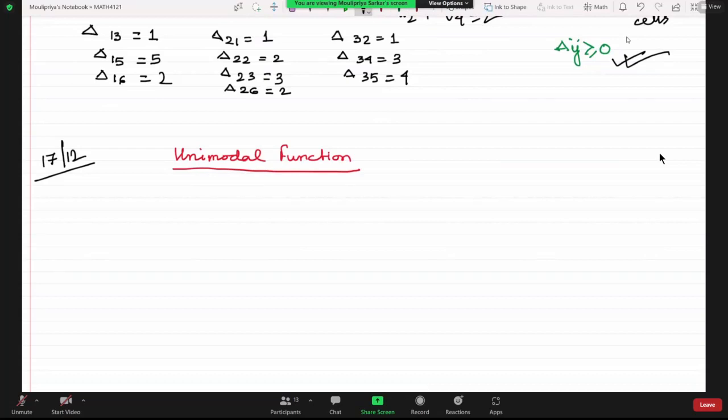First let me tell you what is a monotonic function. This part is known to all of you, I guess. We say that a function is said to be monotonic if for any x1 and x2 with x1 less or equal to x2.